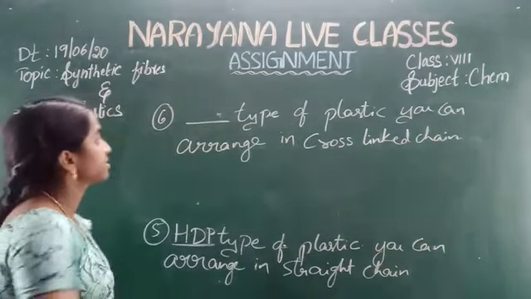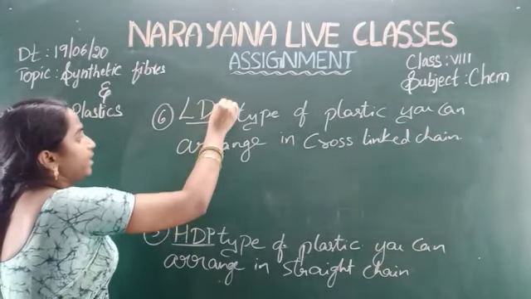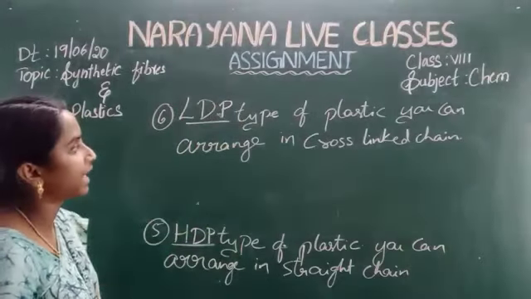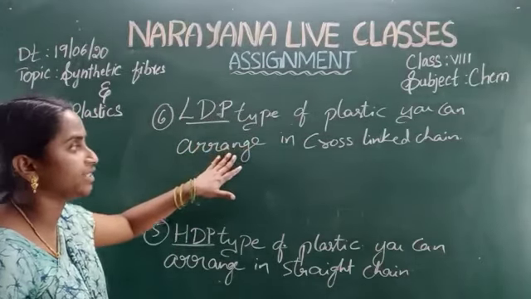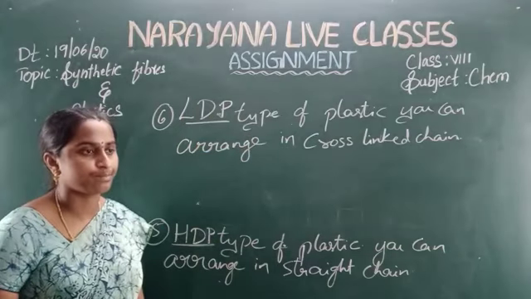The answer is low density polymer, LDP type of plastic you can arrange in a cross-linked chain.